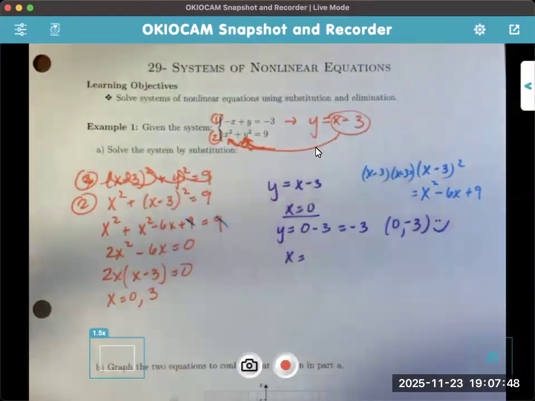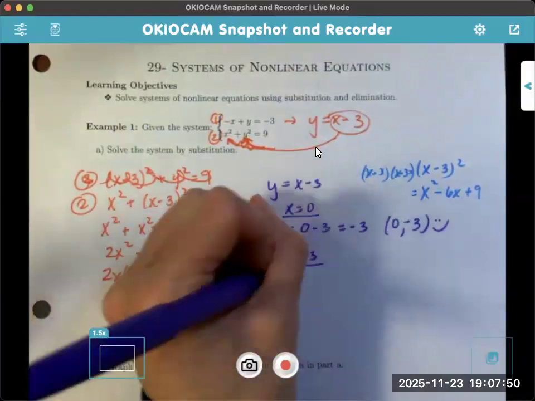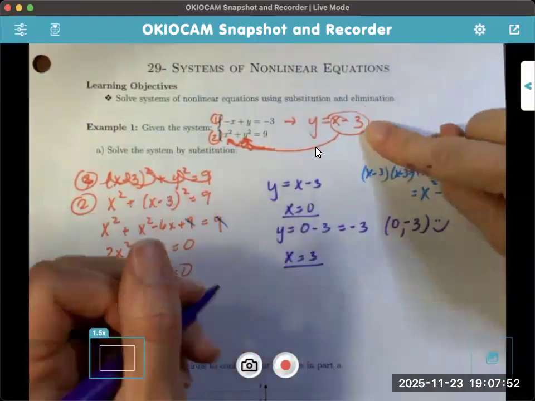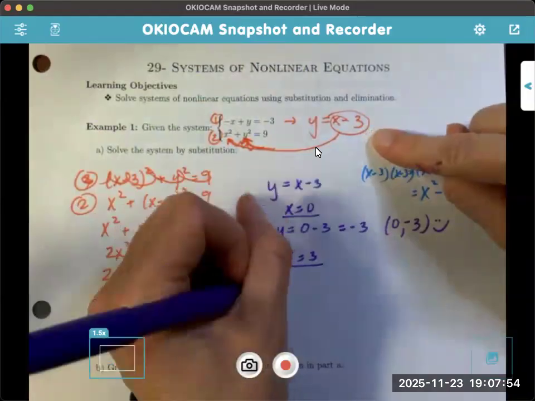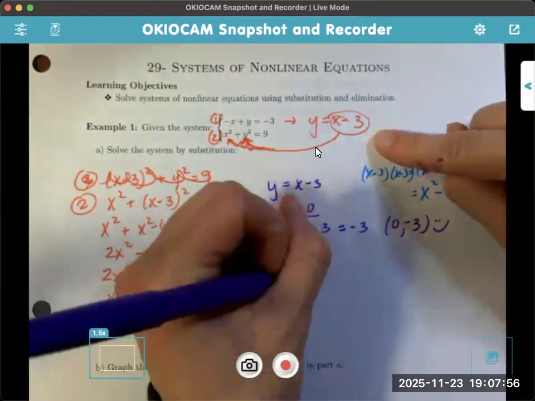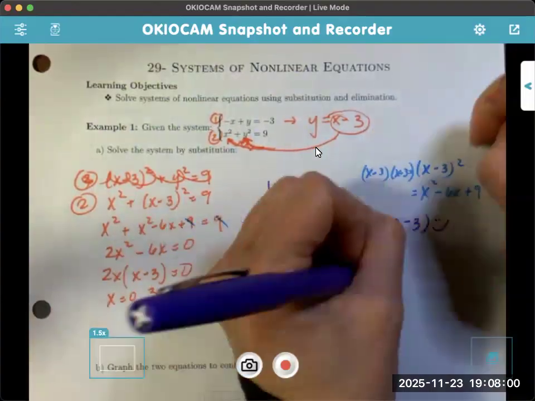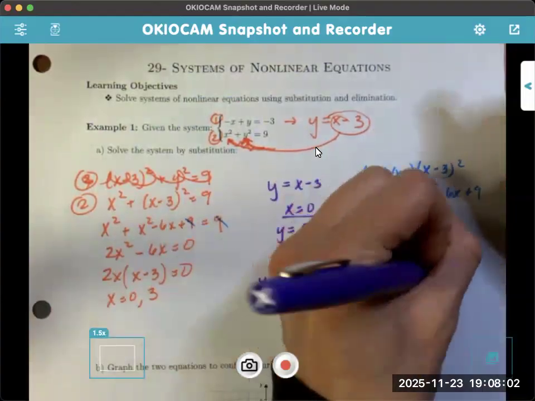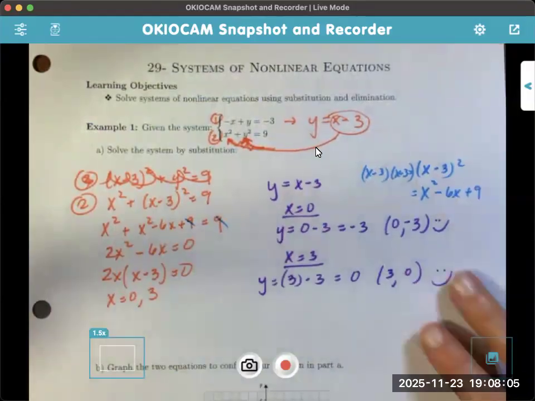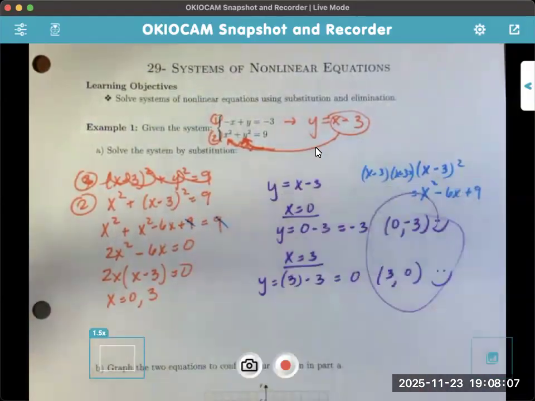If x equals what, 3, then from here, right, this says that y equals 3 minus 3, which is 0. So from these points, we have 3 comma 0. So we have two solutions, 0 comma negative 3 and 3, 0.